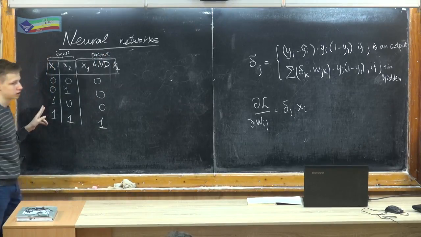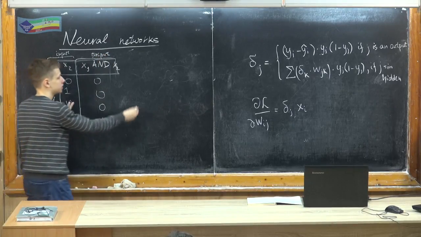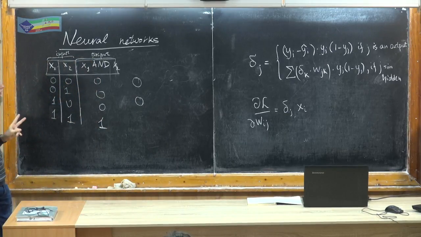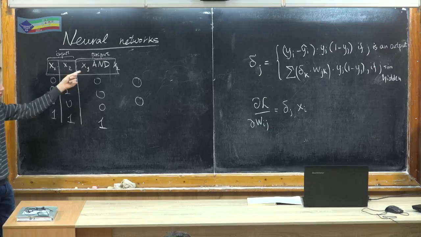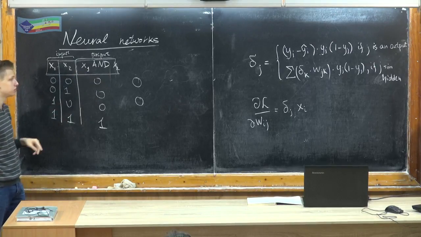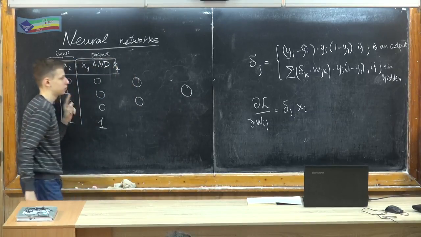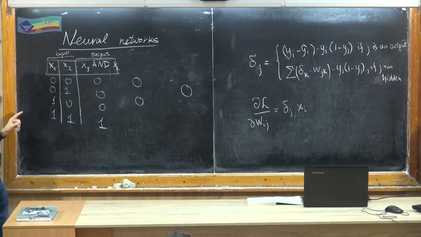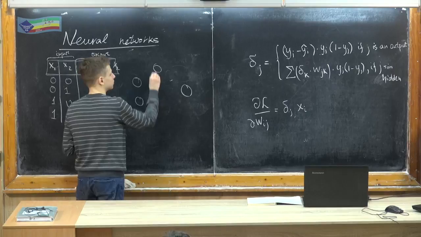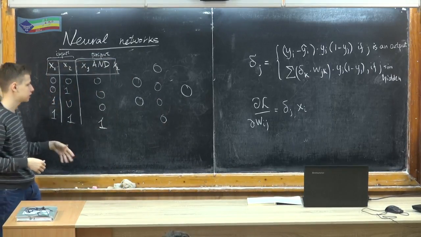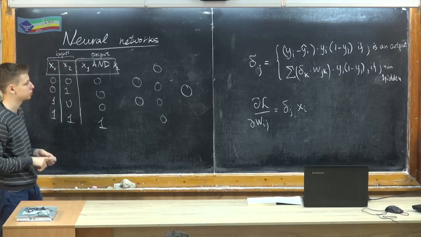So in that case, we have two inputs, which means that we must have two input neurons. And we have one output, which means that we have only one output neuron. And between that, we can have as many hidden layers and as many hidden neurons as we want.